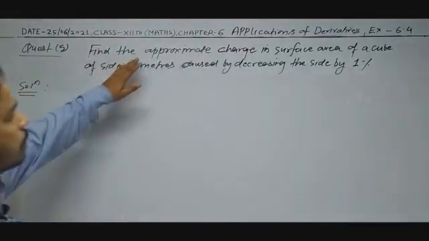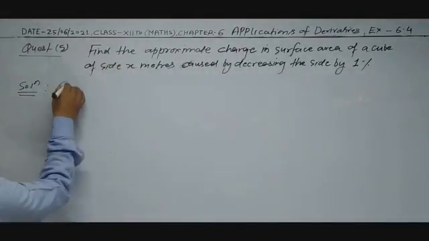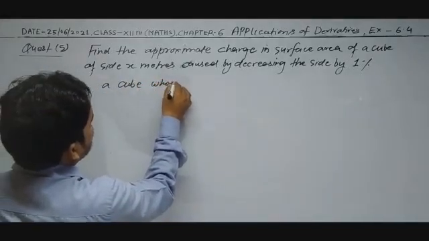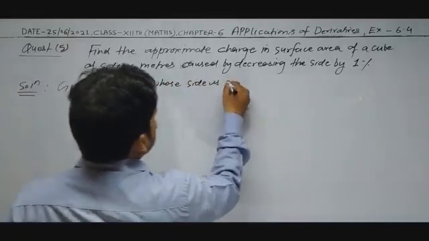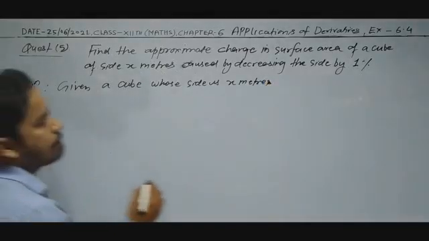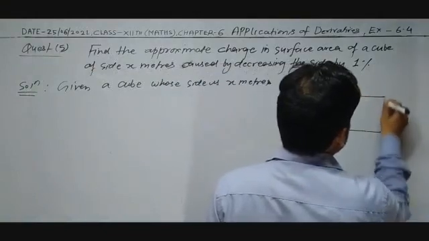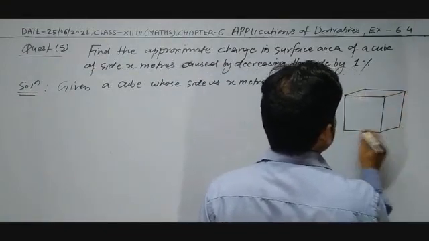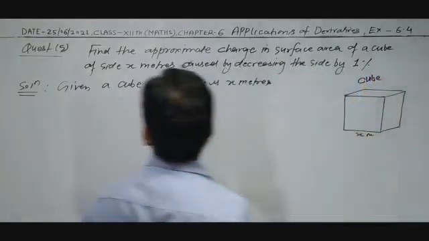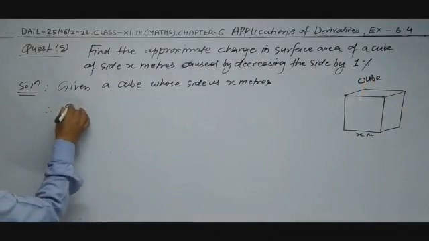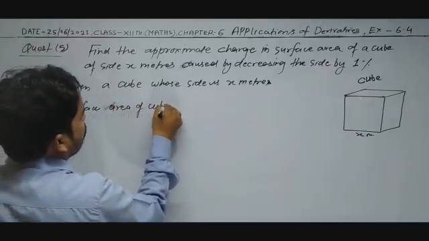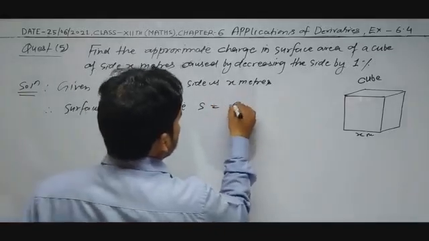So given a cube whose side is x meter, suppose this is the cube, x meter side, therefore surface area of cube, that is S, is equal to 6x square.